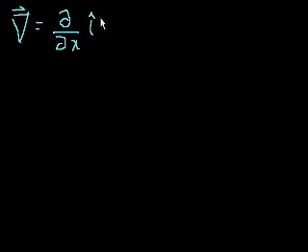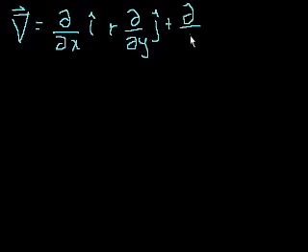We've been dealing with this del vector, which we could call abusive notation, but it kind of is intuitive, although it really doesn't have any meaning when I just write it like this. You can write it as a vector operator, and then it has a little bit more meaning. But this del operator, we use it a bunch of times. It's the partial derivative of something with respect to x in the i direction, plus the partial derivative of something with respect to y in the j direction, plus the partial derivative, well, this is if we do it in 3 dimensions, with respect to z in the k direction.